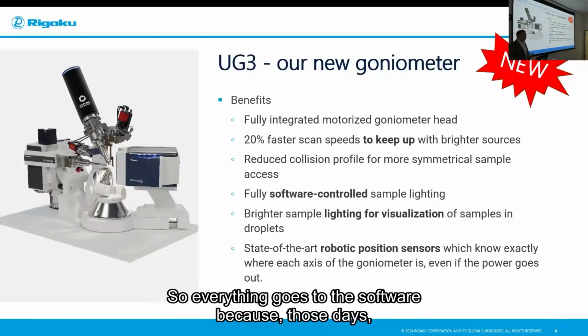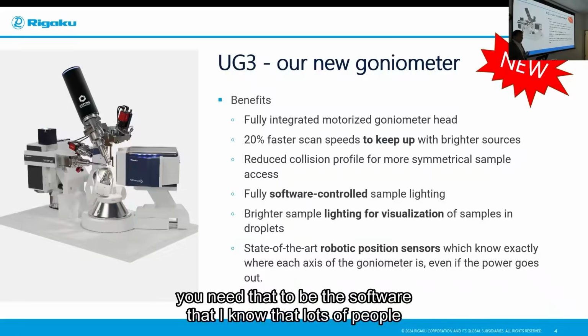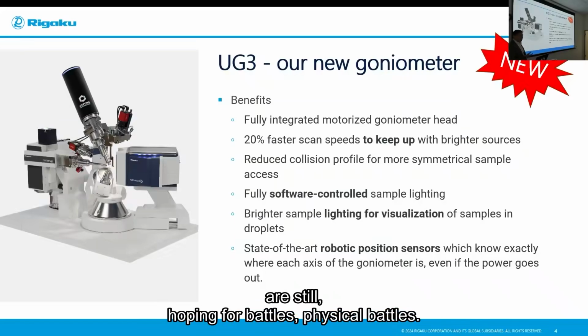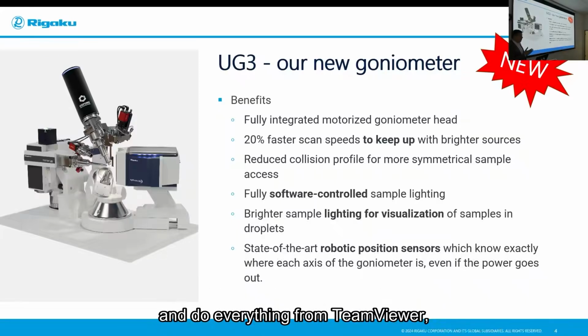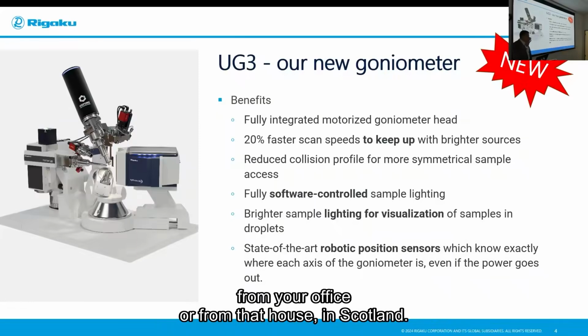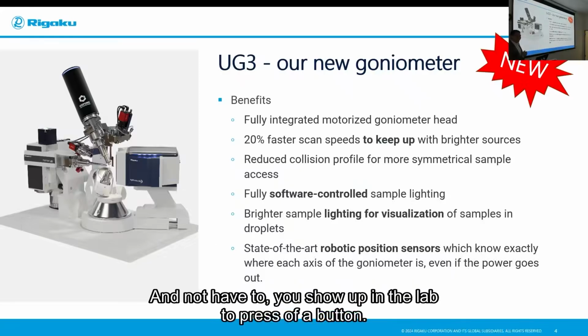So everything goes to the software, because nowadays you need that to be the software. I know that lots of people are still hoping for buttons, physical buttons, but at the end, everyday works is that you can log on to TeamViewer and do everything from TeamViewer from your office or from that house in Scotland, and not have to show up in the lab to press one button.